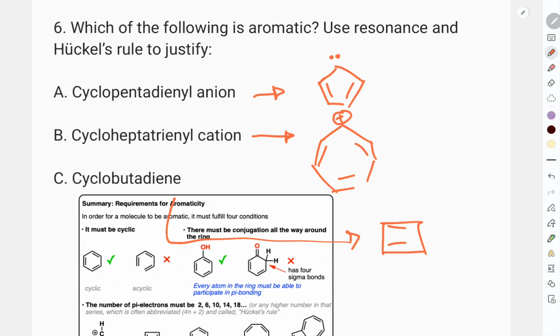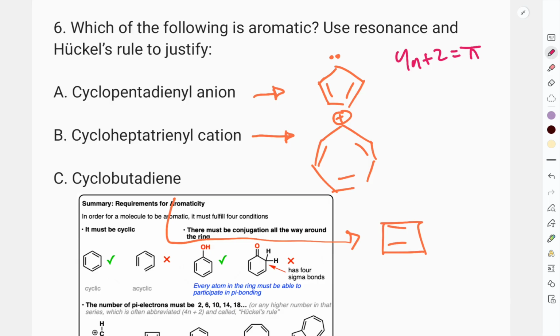Now, Huckel's rule is basically an equation to determine whether a structure is aromatic, and it goes like 4n plus 2 equals the amount of pi electrons in the structure. And something to determine whether it's aromatic is that if n is a decimal or negative, it's not aromatic.